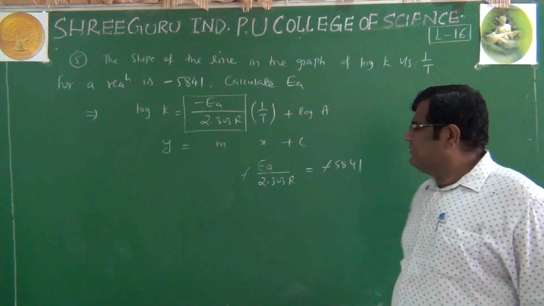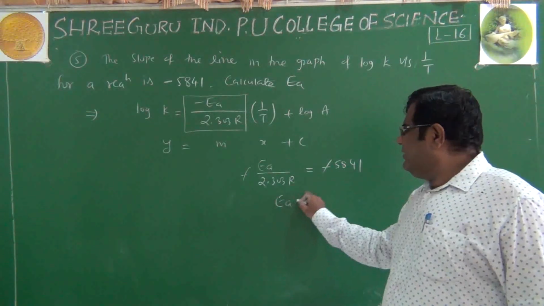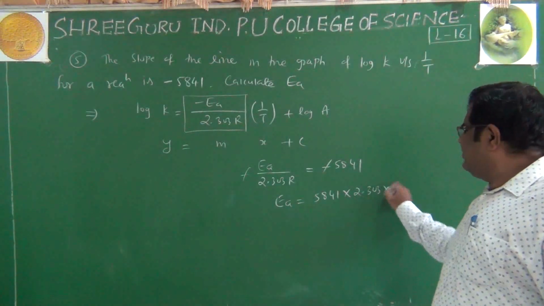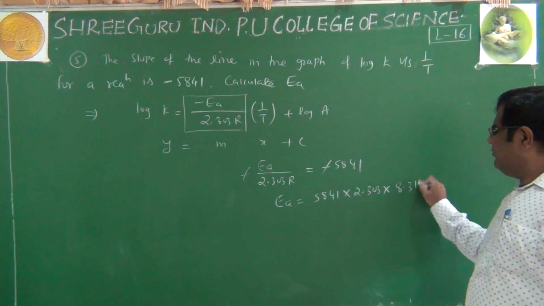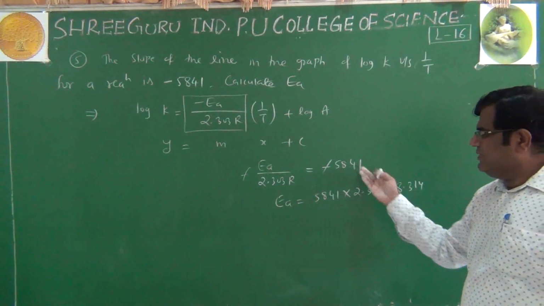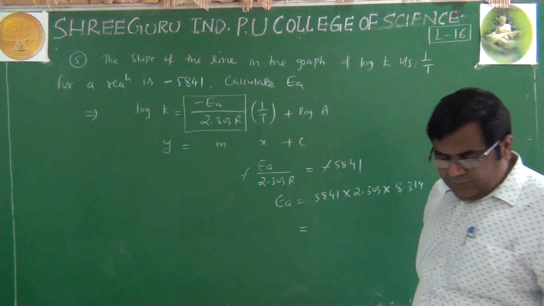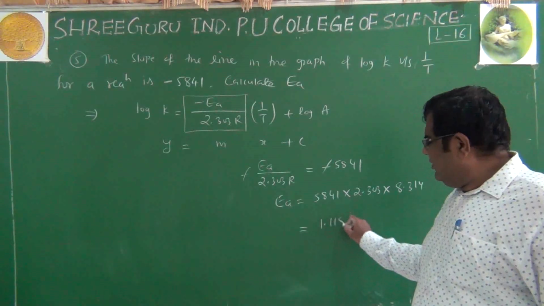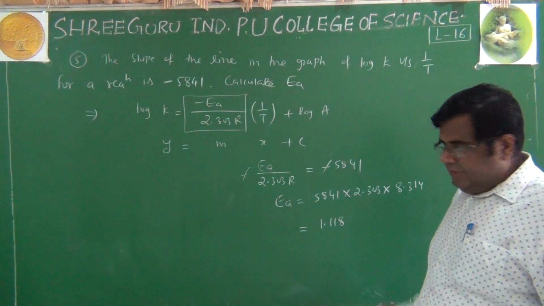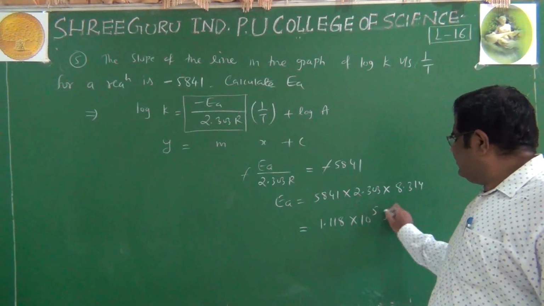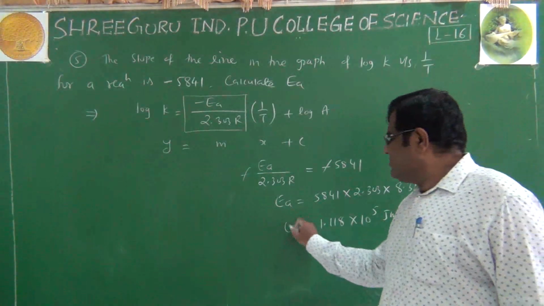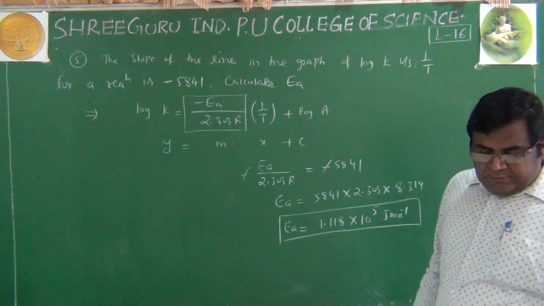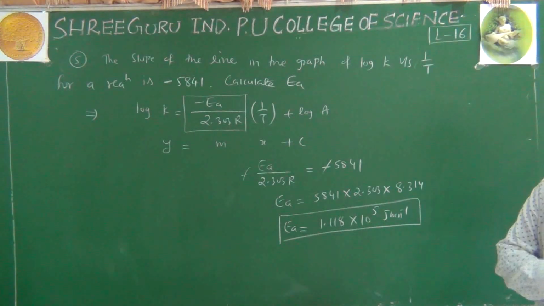We can cancel the negative sign and write Ea equals 5841 into 2.303 into 8.314, this being R. If we multiply, this is 1.118 into 10 raised to 5 joules per mole. So this is the activation energy. This is question number 5.